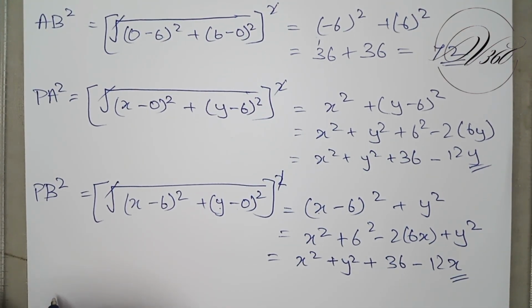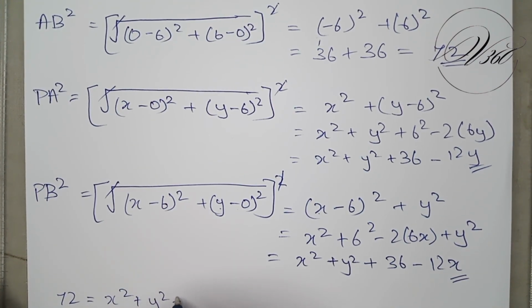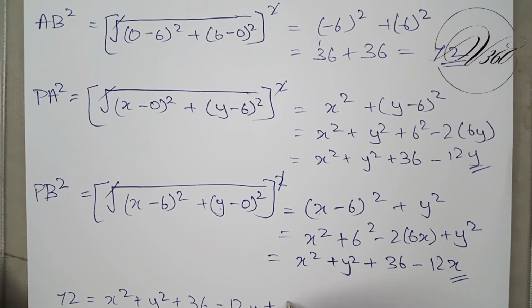Now we'll substitute everything. AB square is 72 and PA square is x square plus y square plus 36 minus 12y. According to Pythagoras theorem, we should add the side squares. So we'll put plus here and continue with PB square: x square plus y square plus 36 minus 12x.